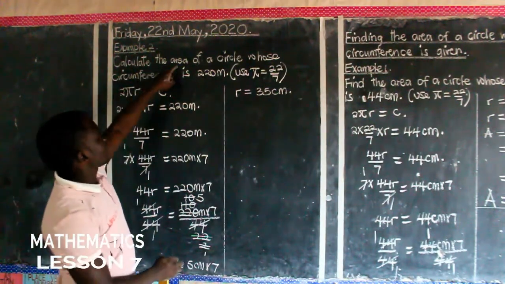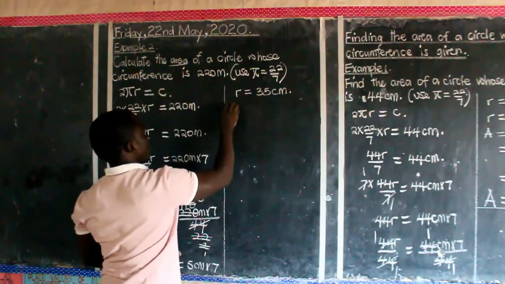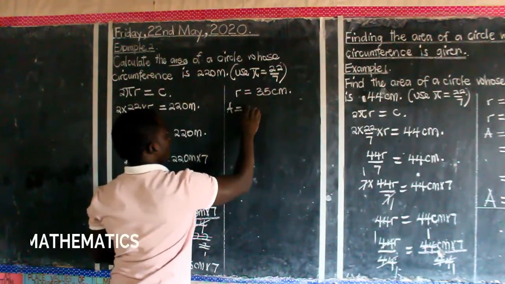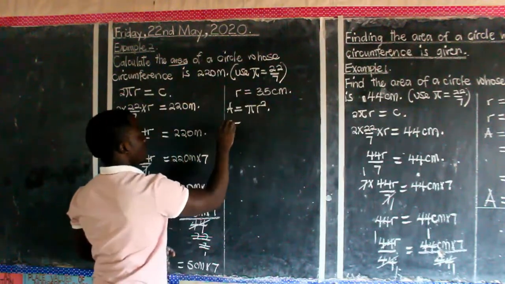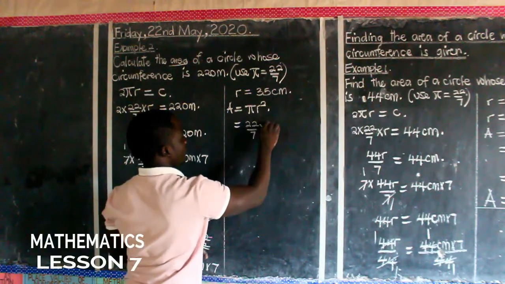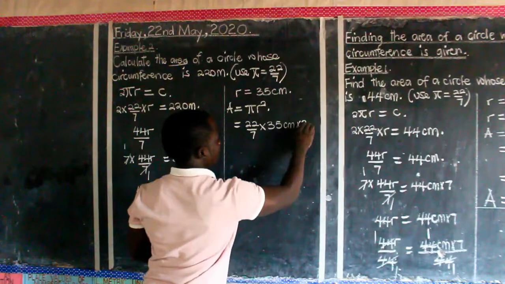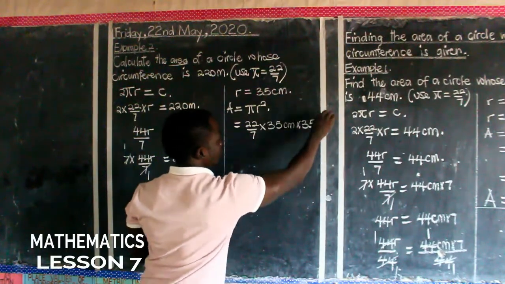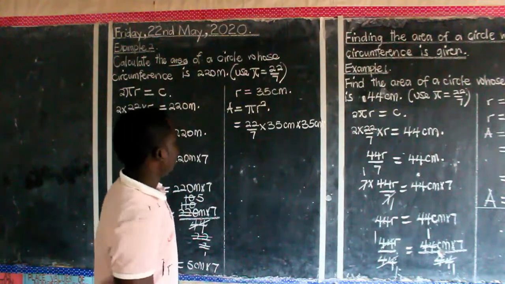But the question is asking for area, so we say area equals pi r squared, and the pi given is that of 22 out of 7 times the radius of 35 centimeters times 35 centimeters. Let me hope you are following this.